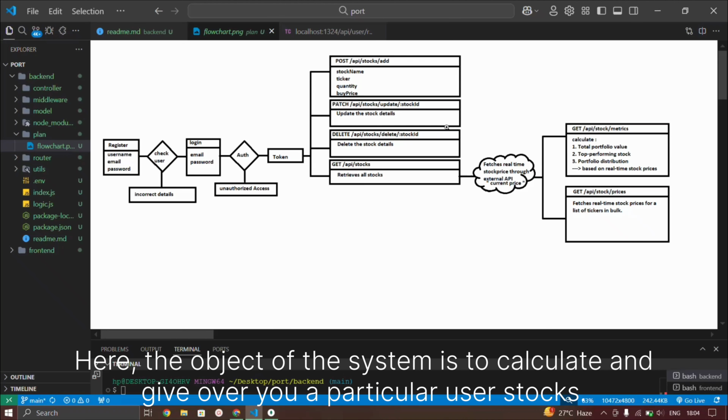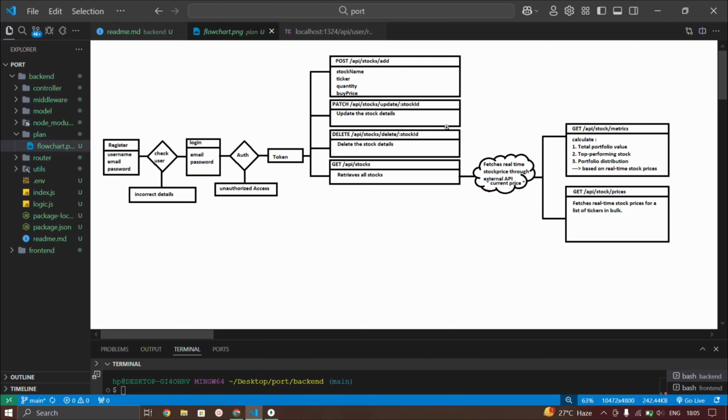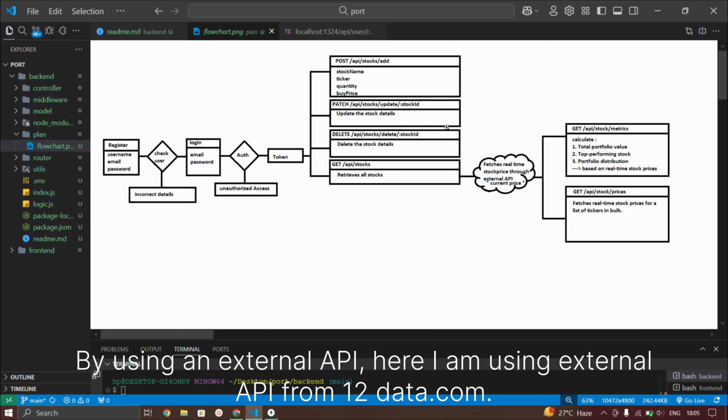Here, the objective of the system is to calculate and give an overview of a particular user's stocks, if the user has particular stocks, by using an external API. Here I'm using an external API from 12data.com.